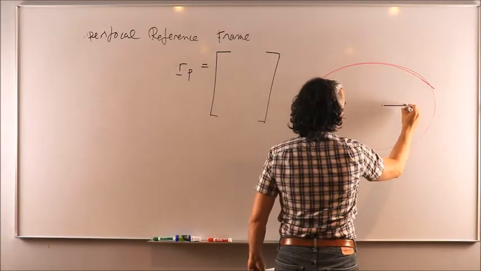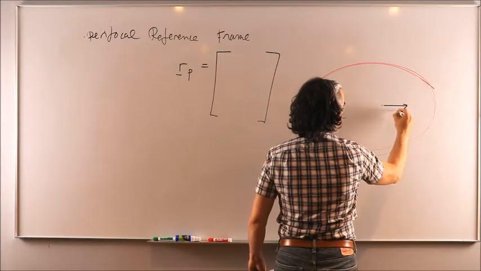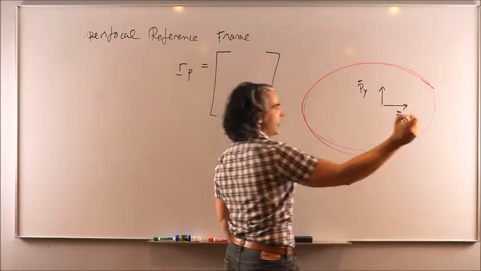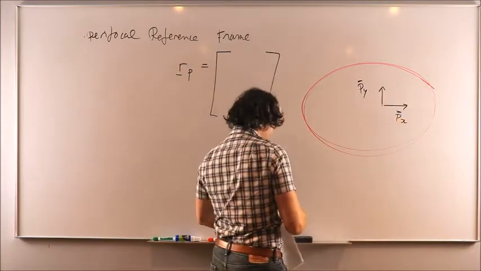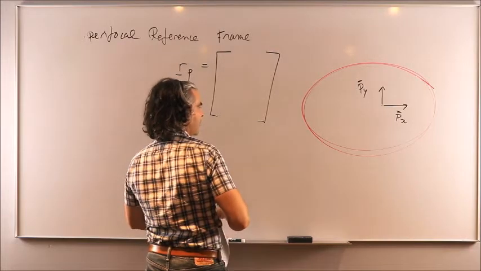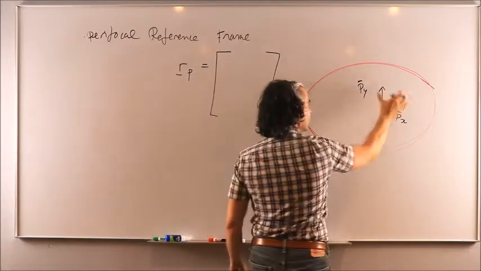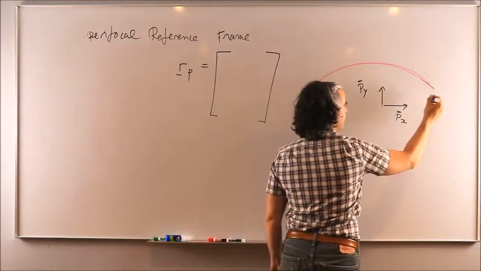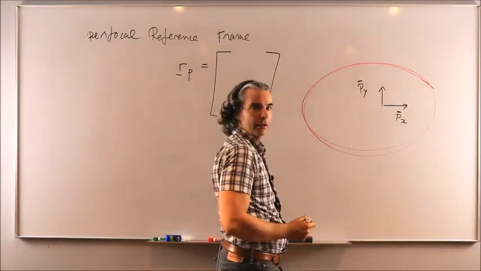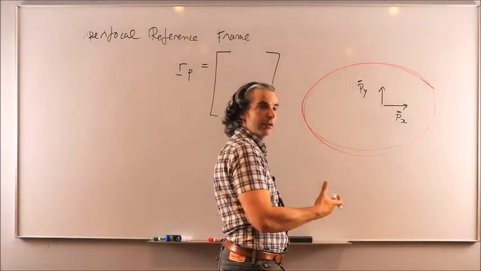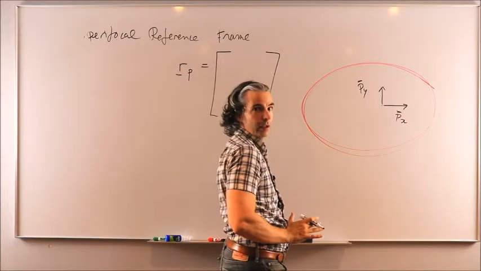Px unit vector, Py unit vector, and Z out of the board towards you, which means that you can completely describe the position of the spacecraft inside the orbital plane only using those 2 directions. The spacecraft will never be out of the orbital plane. The spacecraft always evolves along the orbit, which lies inside the orbital plane.